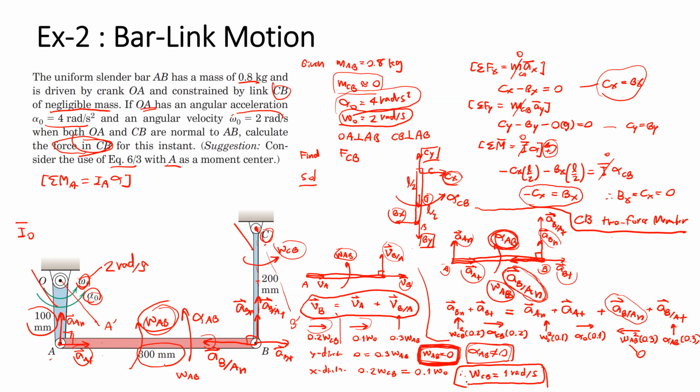Okay, let's check in the y direction from this equation. For the y direction, the first component is omega CB square times 0.2. Omega CB is 1, squared, multiplied by 0.2.